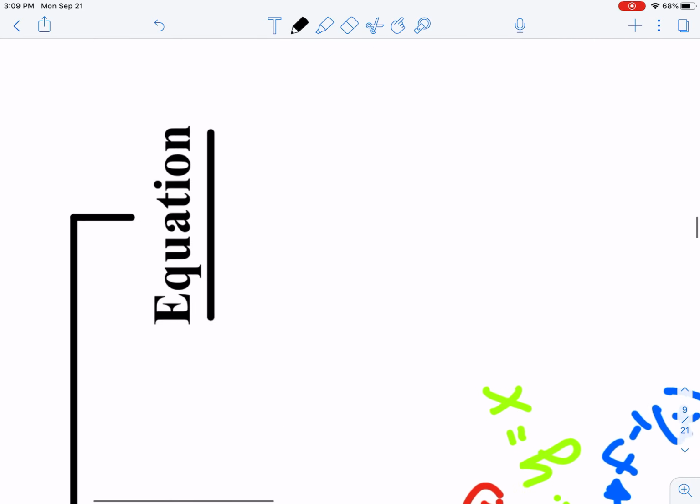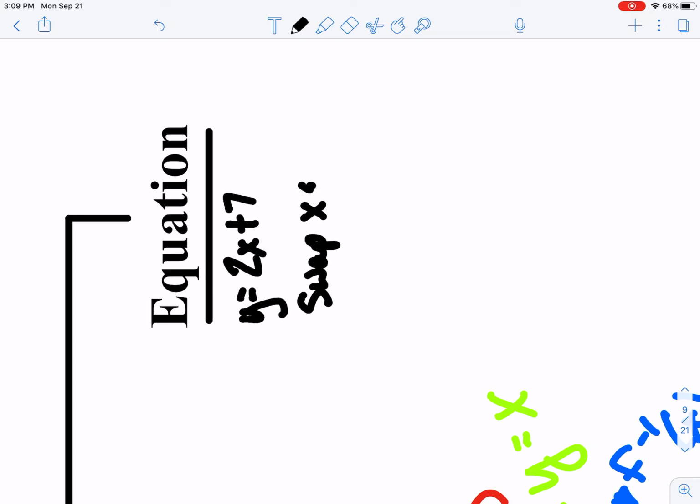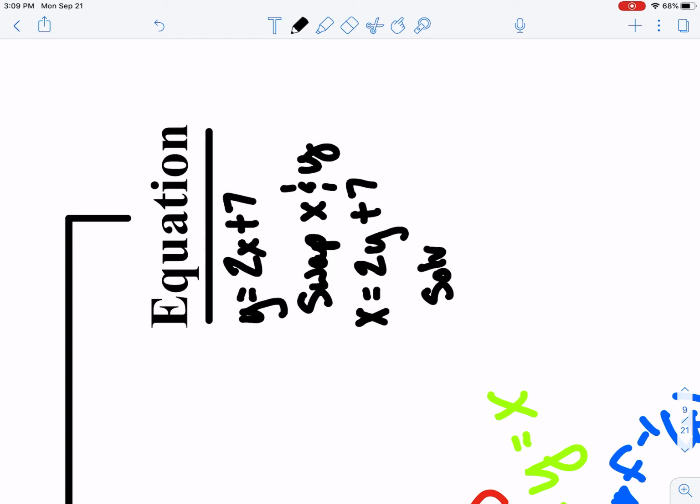Now, equations, I actually like these. So let's say y equals 2x plus 7. We want to swap x and y. So x equals 2y plus 7, and then solve for y.